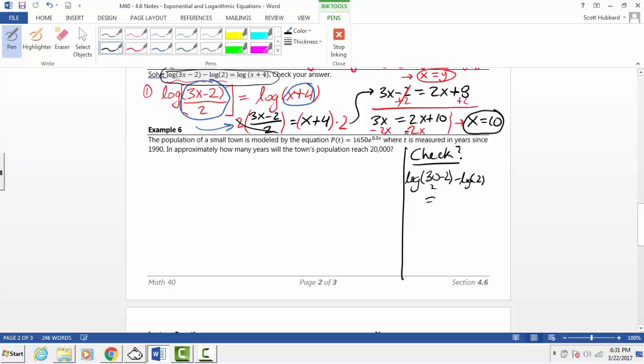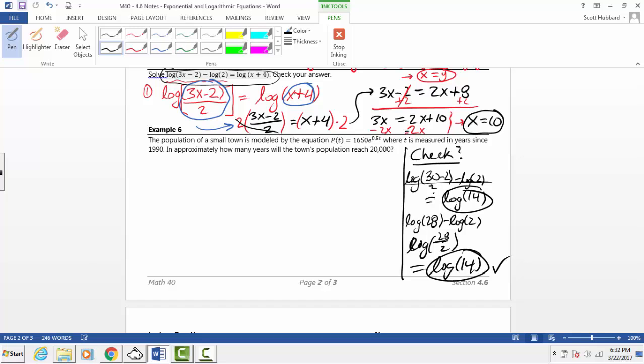Okay, does that equal, question mark, log of 14? On the left-hand side, I'm going to get log of 28 minus log of 2, which is log of 28 over 2. And yes, that does equal log of 14, which was the right side. So we're good to go.